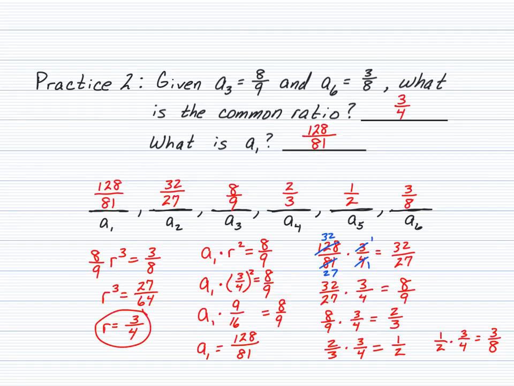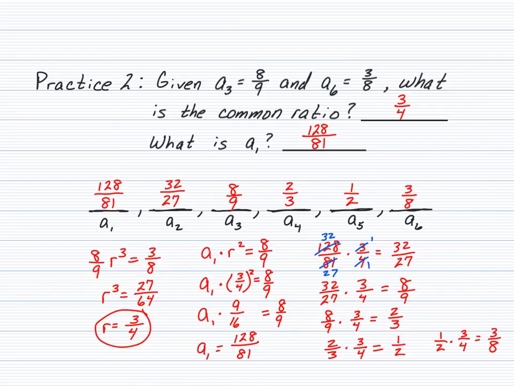Okay, welcome back. As you can see, what we did is we took our third term of 8/9 and we said 8/9 multiplied by r once, twice, 3 times, so 8/9 times r cubed is equal to the 3/8.